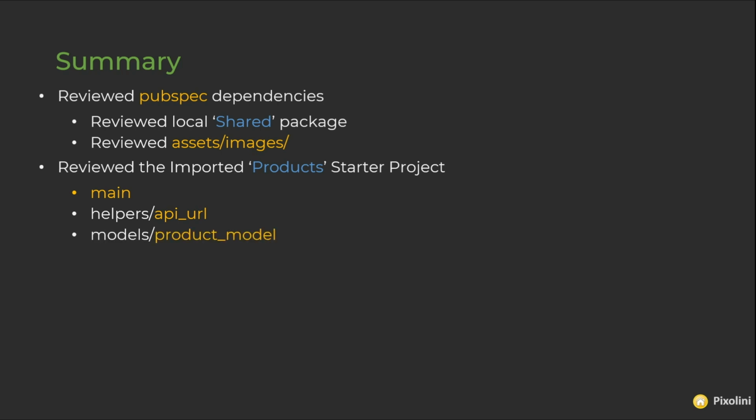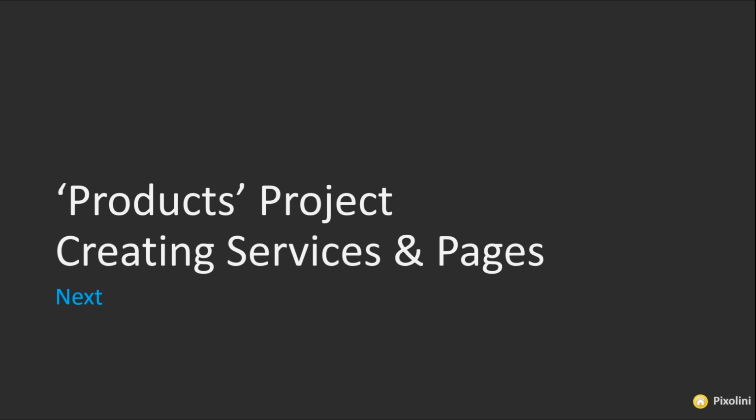The models folder, which has the product model classes, which will convert the JSON API results into classes and fields that we can easily read. Now, up next, you'll be creating services and pages for the products project.